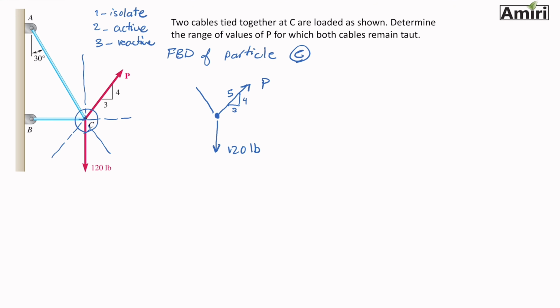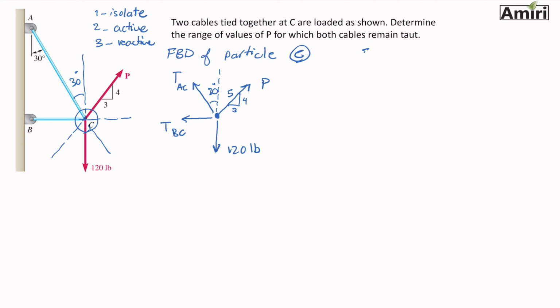Then I put TAC or CA, doesn't matter, there. Let's see, parallel lines, this is 30, so this got to be 30 as well. And then lastly, I put BC or CB there. These are cables. That means they have to be in tension. They cannot take compression. Tension means the forces need to point away from the point. So this is my free body diagram.